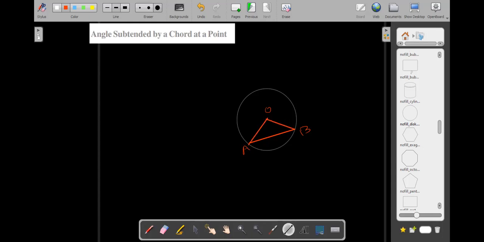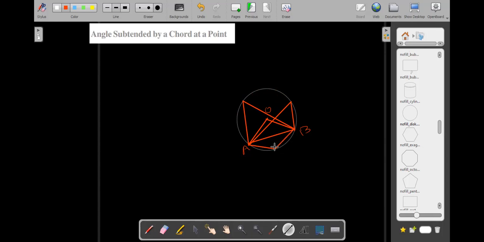This is the angle subtended by the chord. But this chord can subtend an angle at any other point also. Here, here, here, anywhere. You take this point, here also it will make some angle on the circle. And here also it will make some angle.